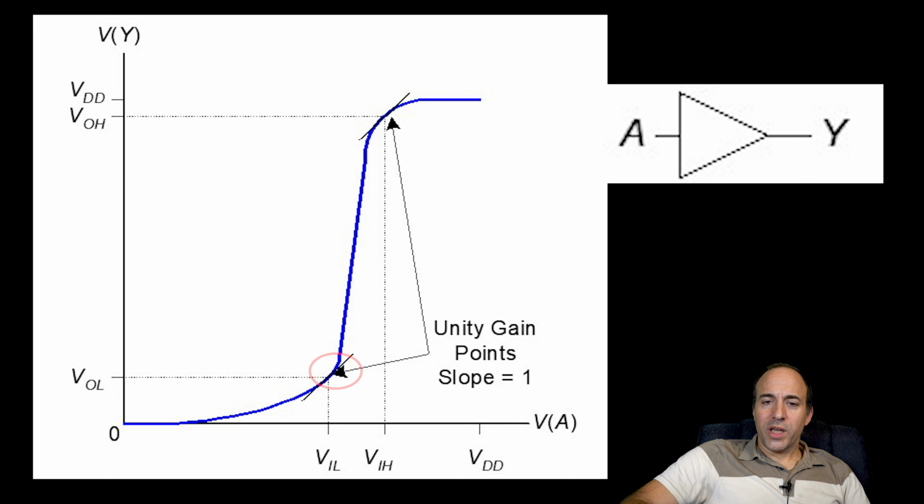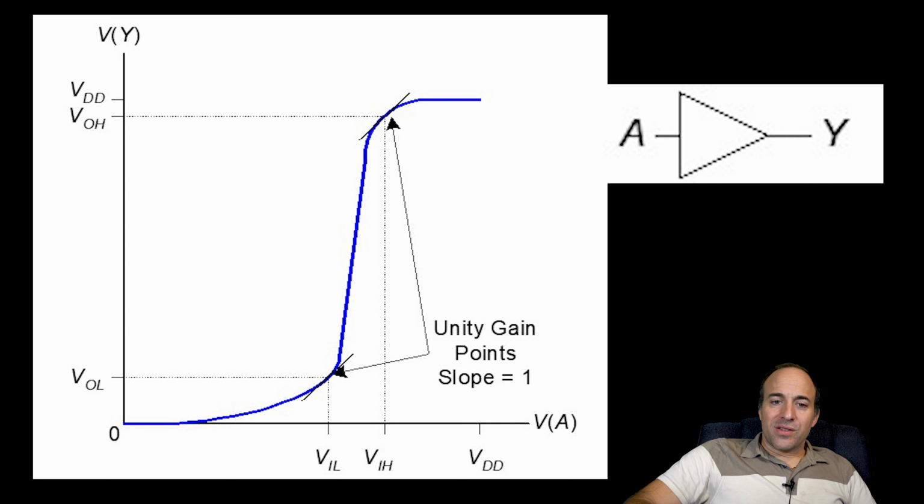The point at which the output voltage begins to increase sharply is the point where the slope of the output transitions from less than 1 to greater than 1. Specifically, it's when the slope equals 1. So when the slope of the output voltage hits 1, this is called the unity gain point. Another unity gain point occurs when the output voltage levels off, in other words, when its slope transitions from a value greater than 1 to a value less than 1.